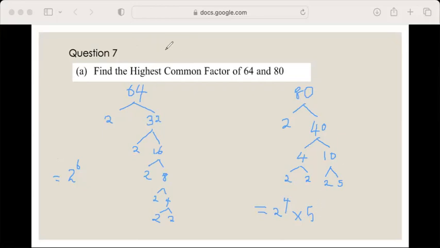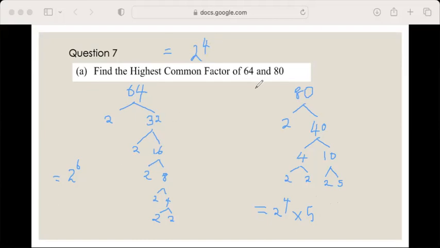So we know for highest common factor, we need the lowest of the factors. So lowest of 2 is 2 to the power of 4, you can see. And lowest of 5, here 5 to the power of 1, here 5 to the power of 0. So that means there is no 5 we need to take.